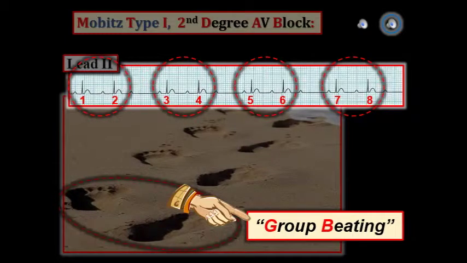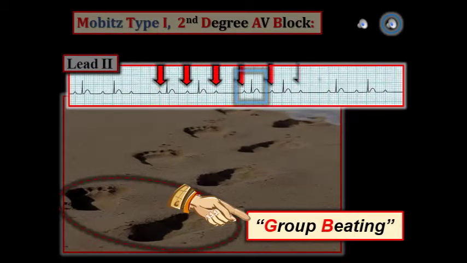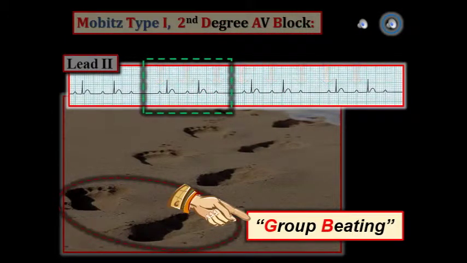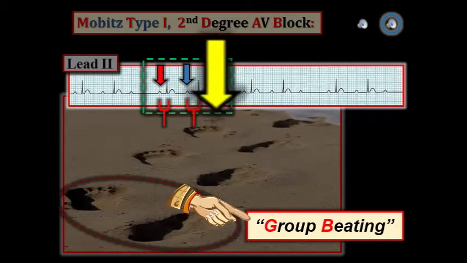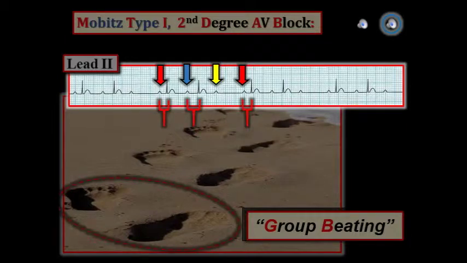So, for this tracing, we see that the QRS complex is narrow, P waves all look the same and the atrial rhythm is regular, and within each group of 2 beats, dotted green rectangle, the PR interval is increasing, red to blue arrow, until a beat is dropped, yellow arrow, and then the pattern repeats itself, as we see here with the last 2 groups of beats.